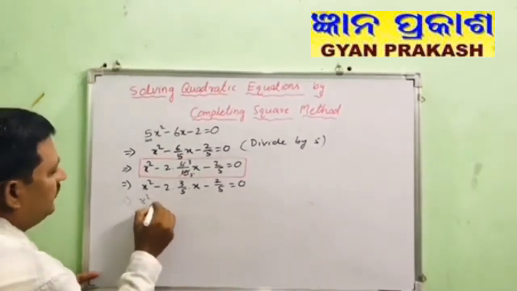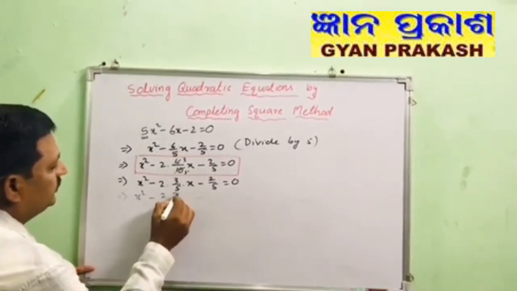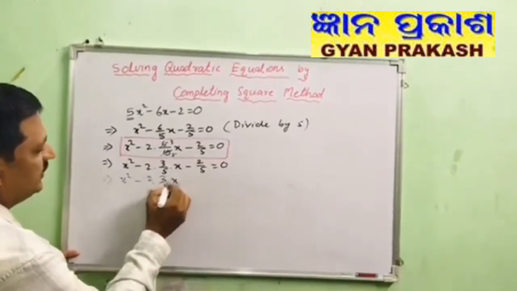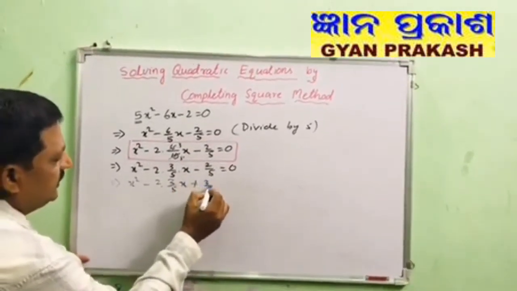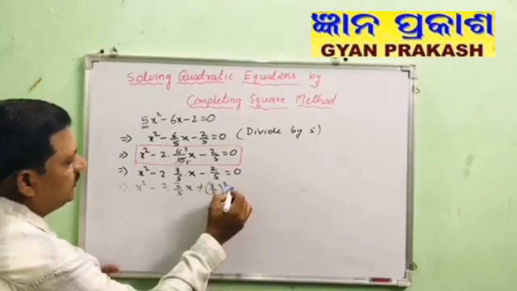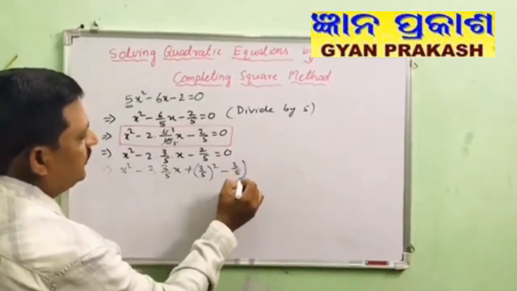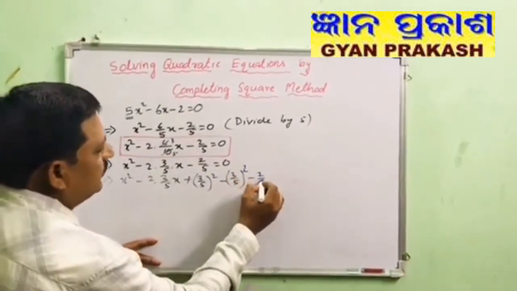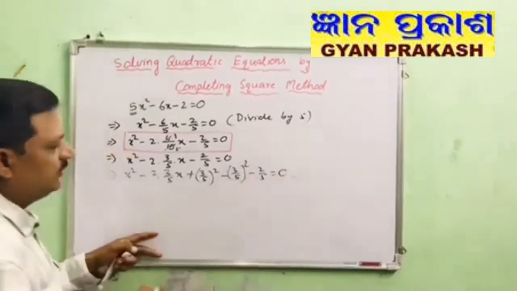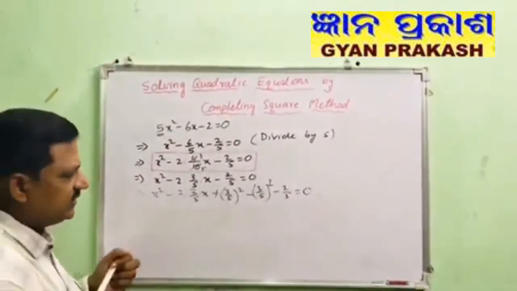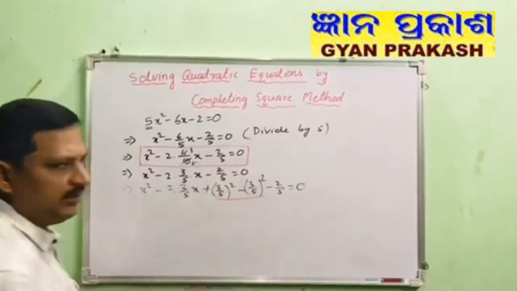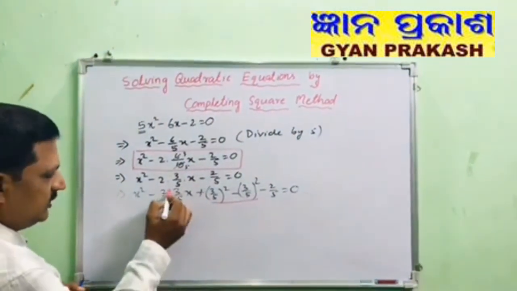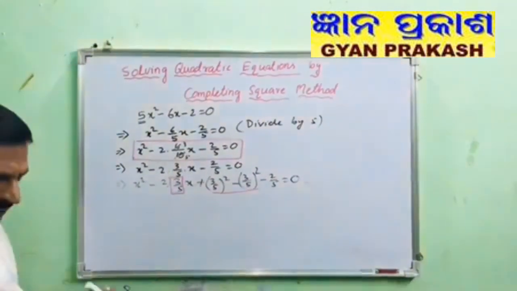Now x square minus 2 into 3 by 5 x plus (3 by 5) whole square minus (3 by 5) whole square minus 2 by 5 equal to 0. In this step we have added and subtracted the square of 3 by 5, because here we have 3 by 5.